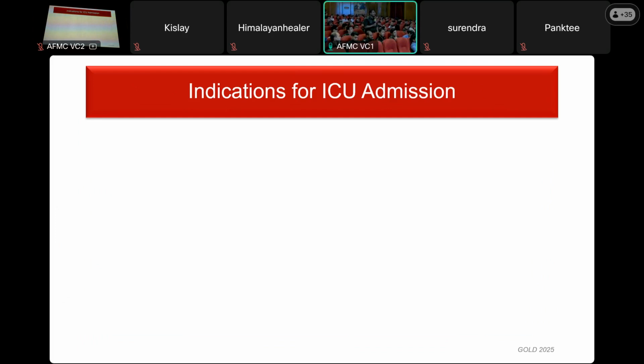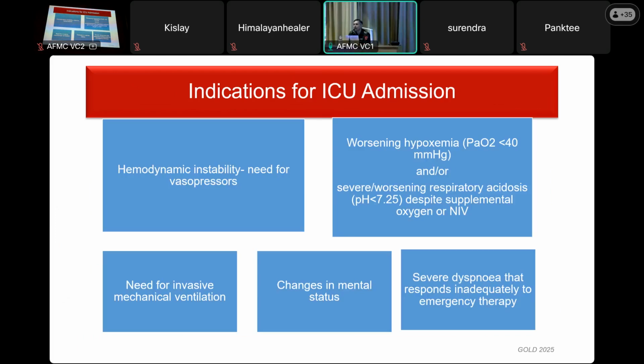Sir, presence of any acidosis, respiratory acidosis, if you're seeing type 2 respiratory failure, the need for IMV or NIV. Yes, sir. Any hemodynamic instability. Yes, sir. What else? So the criteria are hemodynamic instability, worsening hypoxemia or respiratory acidosis, changes in mental status, and need for invasive mechanical ventilation.